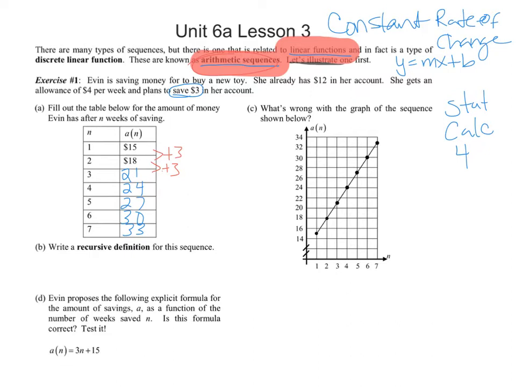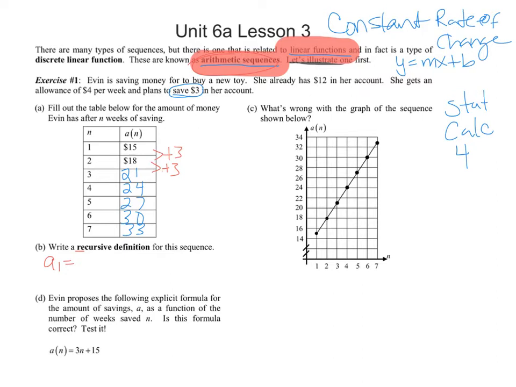B. It says write a recursive definition for the sequence. Remember we talked about in lessons 1 and 2 the word recursive. The prefix of RE, repeat. So we need to know what we begin with, because you have to have something in order to redo it, or recurse it. So A sub 1, we always start off by writing A sub 1 equals. Well, in this case, what does A sub 1 equal?